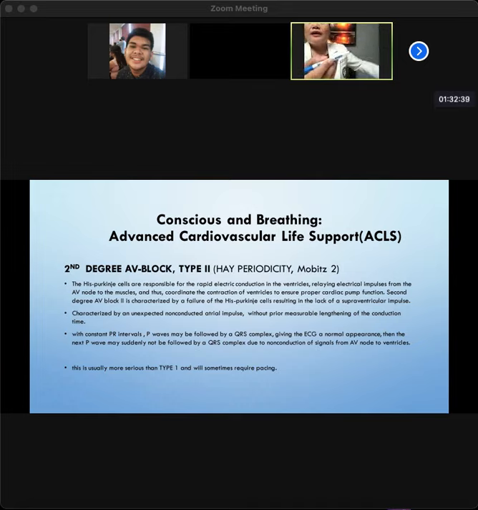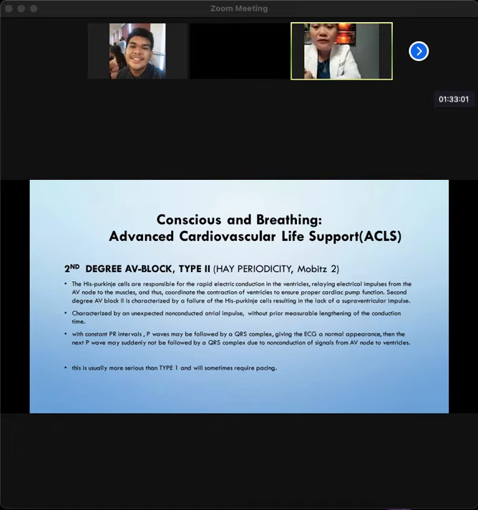Okay? It is usually characterized by unexpected non-conducted atrial impulse without prior measurable lengthening of the conduction time. You have a constant PR interval wherein the P waves may be followed by a QRS complex, giving the ECG a normal appearance.